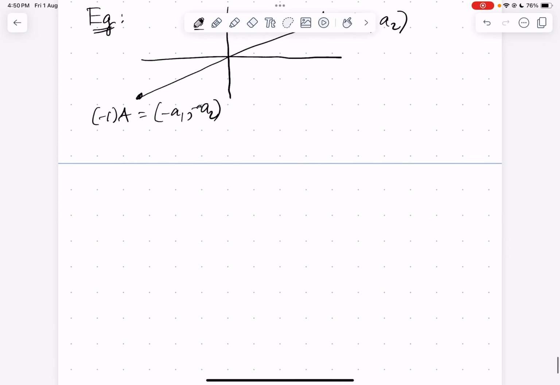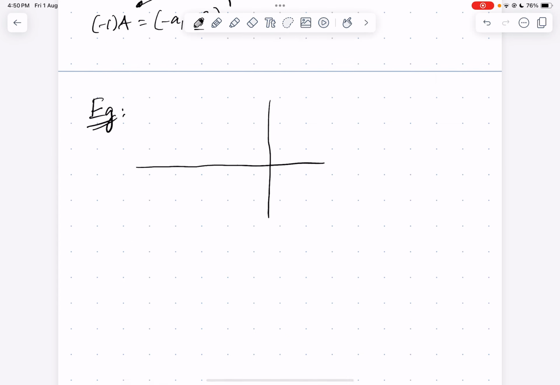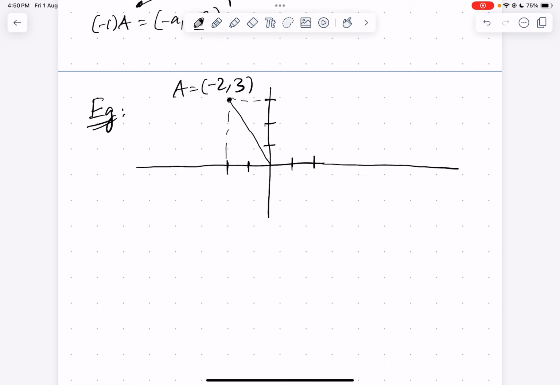And for example, if you have a point (-2, 3), then -1 times A is just (2, -3), right?